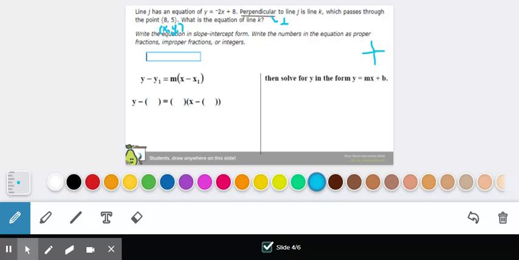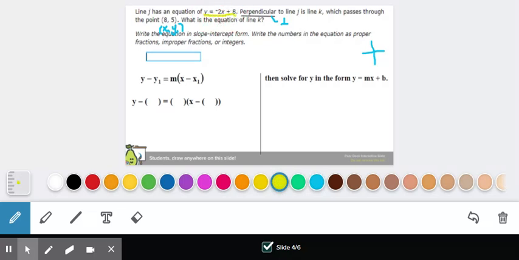Okay, so perpendicular. And then they want to know what is the equation of line K. They also gave me the equation of line J.